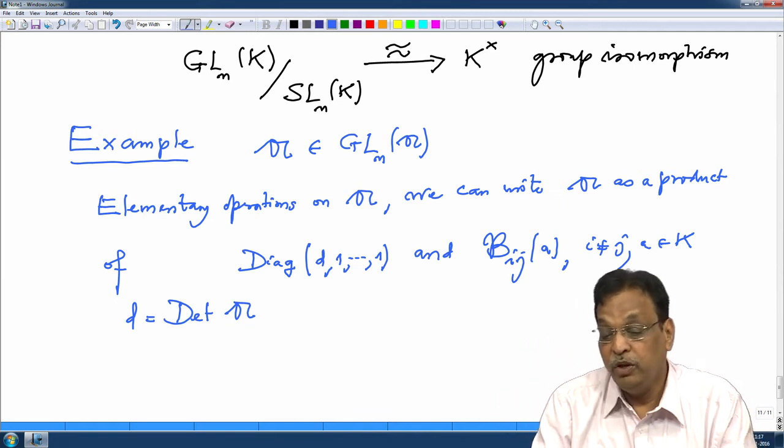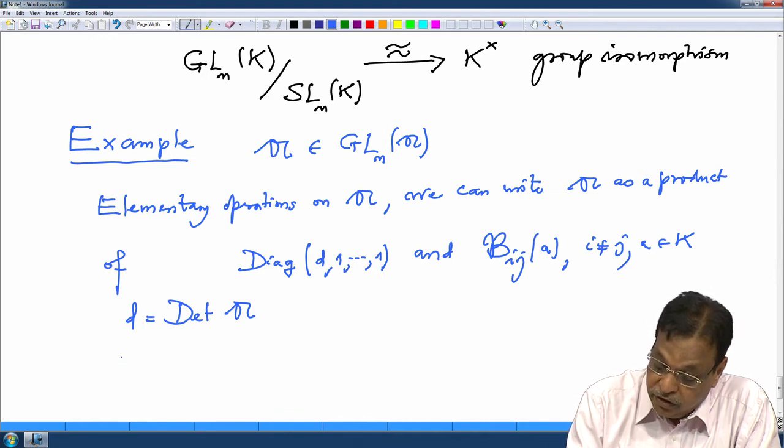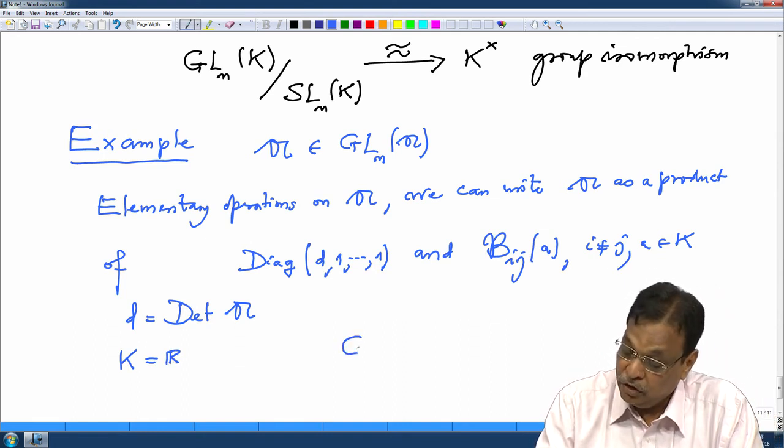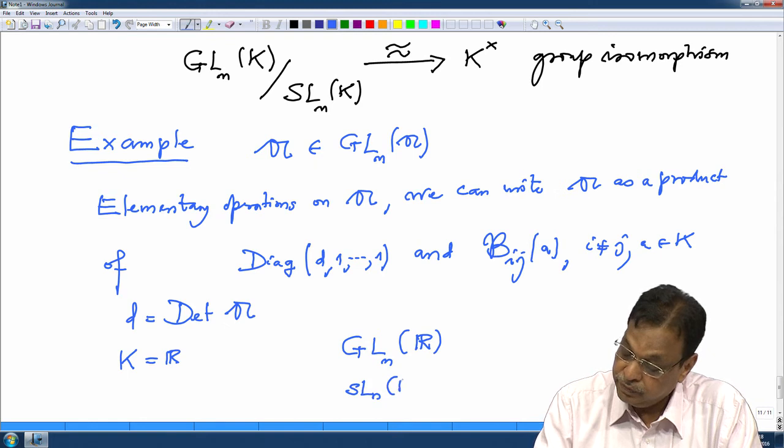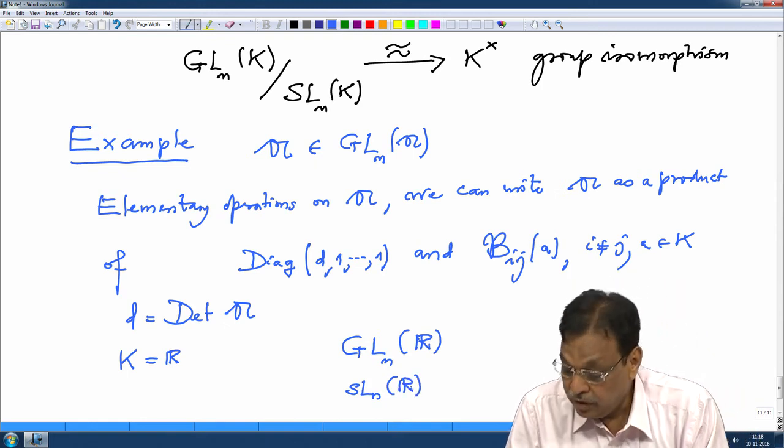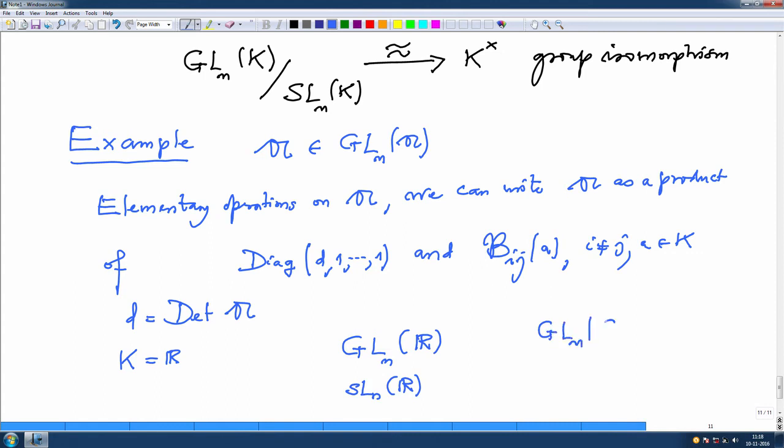So, for example, when K is in the classical case, K equal to R for example, and you want to prove results about GLN R or SLN R, and similarly for GLN C and SLN C. In this particular case these groups are not just groups, they also have a topology inherited from the usual topology of R^n or C^n, and even the group operations are continuous, that means these are Lie groups.